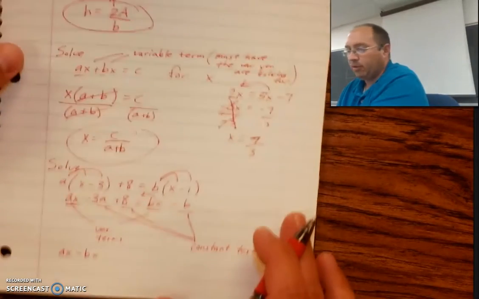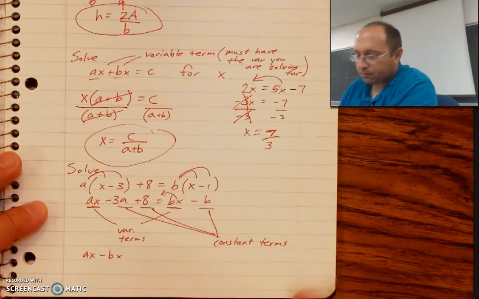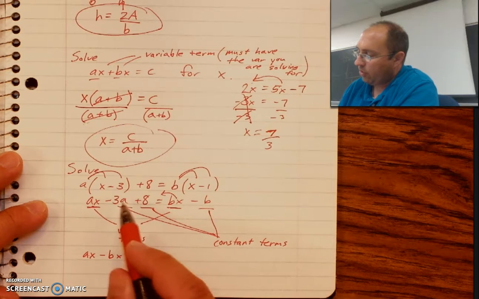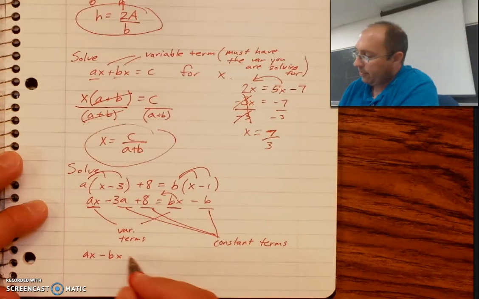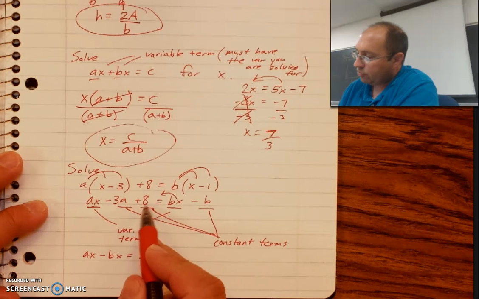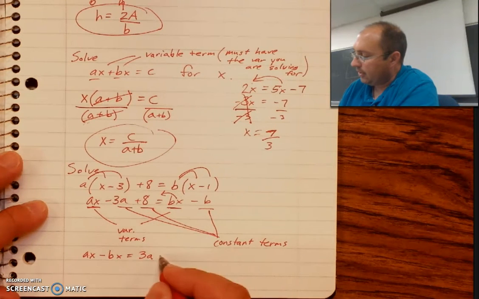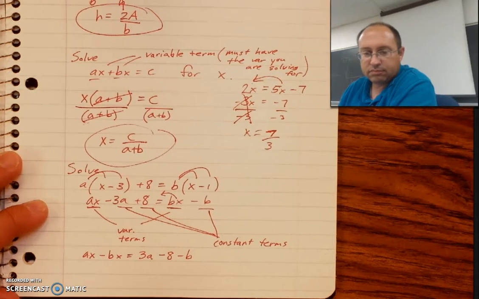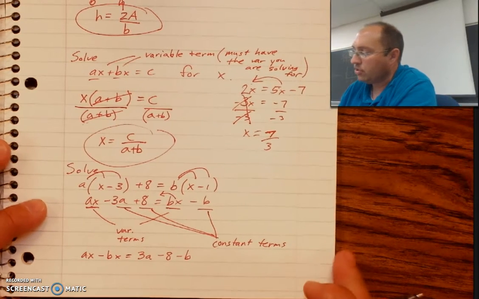Sorry, I need to push that up a little bit. Now I'm going to move the constant terms to the other side. So I'm going to add the 3a to the other side. I'm going to subtract the 8 to the other side. And of course I already had negative b over there. You can have those terms rearranged however you want.